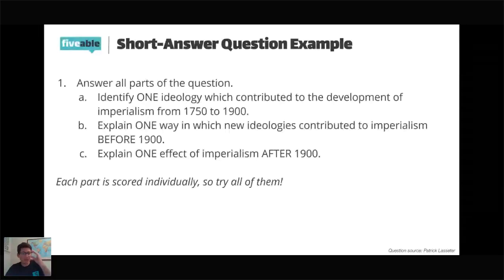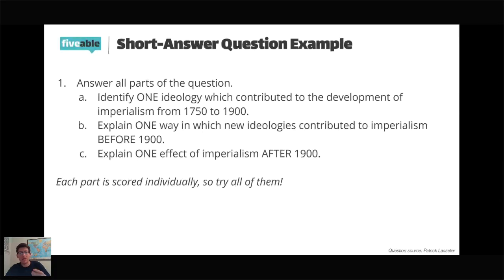So an example here would be to identify one ideology which contributed to the development of imperialism from 1750 to 1900. Your teachers will, and here on Fiveable, we will talk about what it means to identify, describe, and explain. But identify is the simplest task. In this question, you would just be asked to basically name an ideology that contributed to imperialism. It might be nationalism.